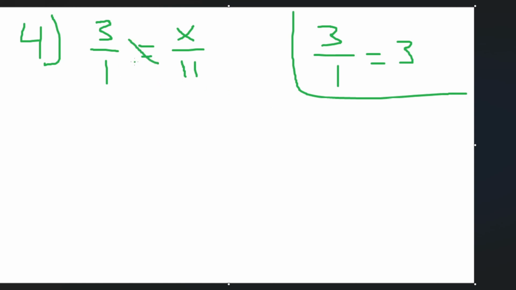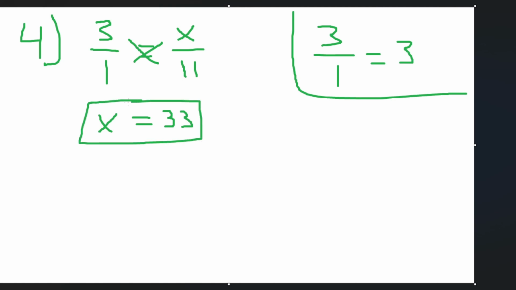So if we cross multiply, we get the x times 1. It's just x. Well, it's 1x, but it's the same thing as saying just x. And 3 times 11 is 33. So this one was even more simple. But it's just recognizing that sometimes you'll be given 3 over 1, a whole number over 1, or sometimes you'll just be given the whole number.